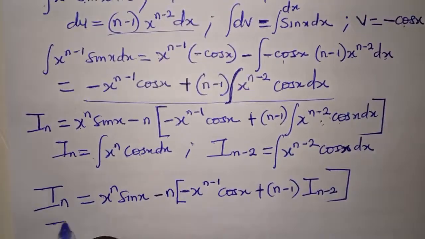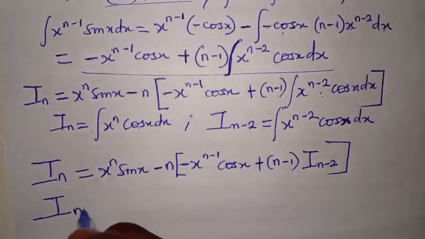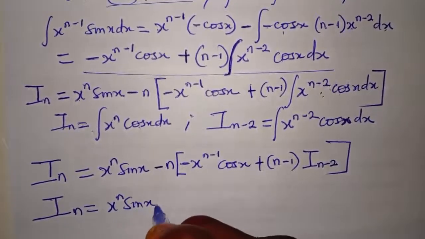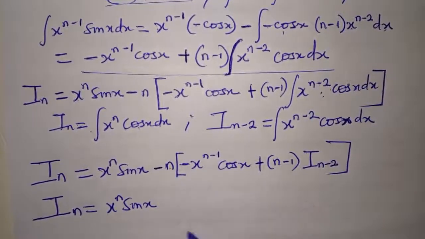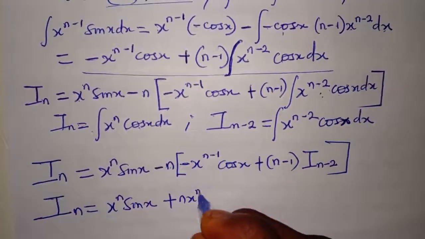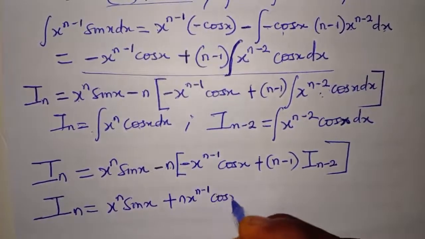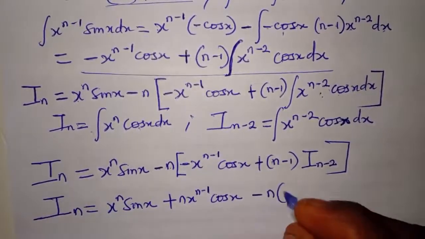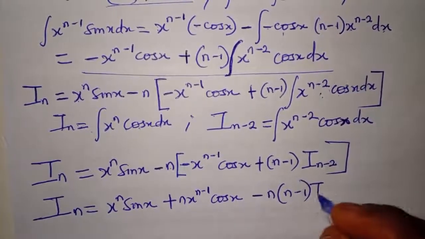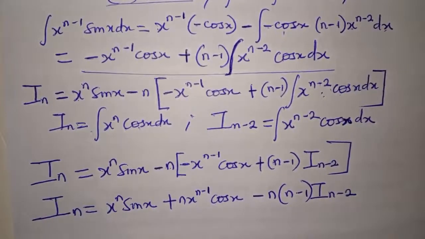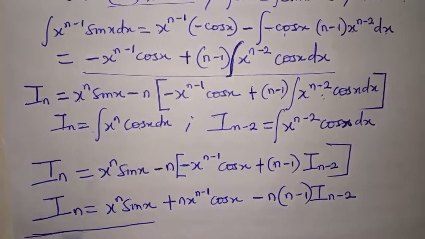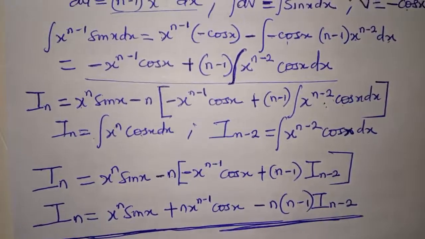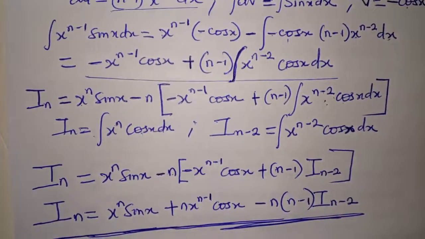So if we expand that bracket, I sub n is x to the n sine x, then the minus n goes inside, we now have plus n x to the n minus 1 cos x, and this minus affects this, minus n into n minus 1 into I sub n minus 2. Alright, this is a reduction formula for the integral of x to the n cos x dx.